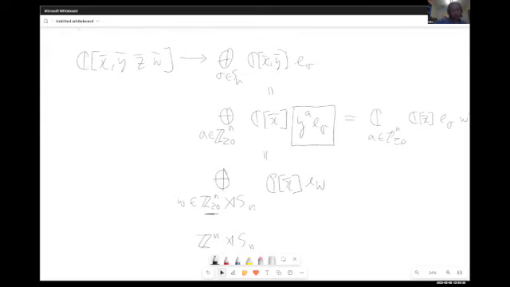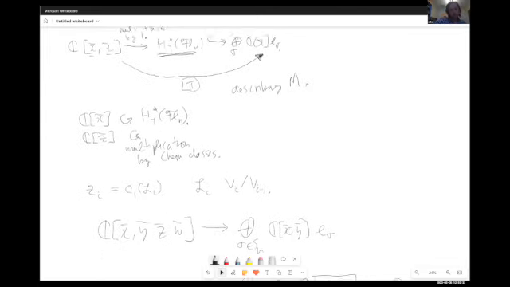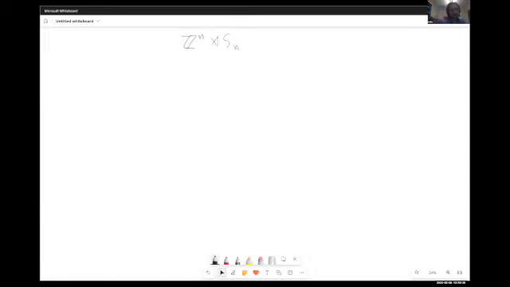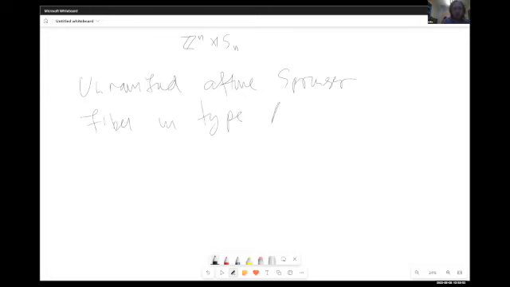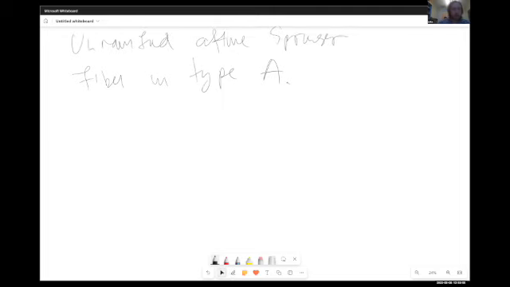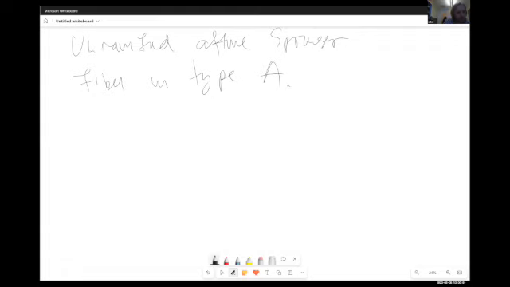So the idea is, here's the space this relates to. So the space is called the unramified affine Springer fiber in type A. And so maybe I'll just write down the space, and then I'll say what the connection is with these formulas. So first of all, we have the usual space, which is the affine flag variety.